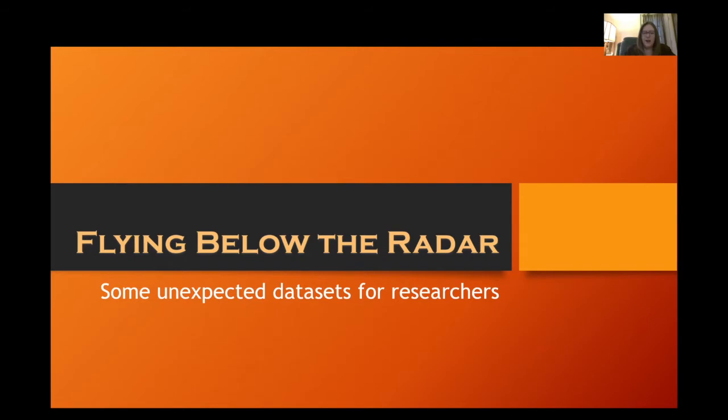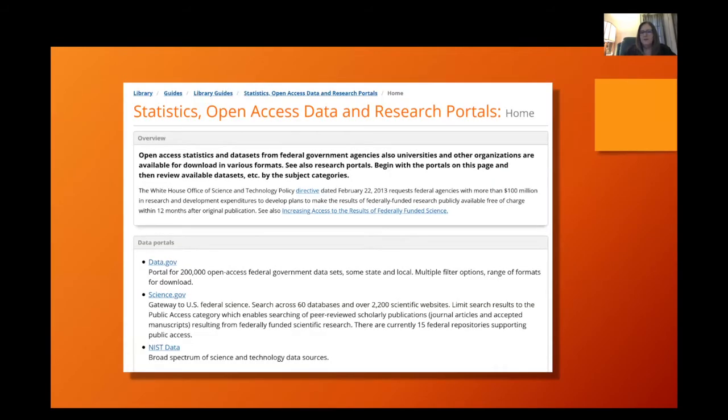But before I go into specific examples, I'd really like to do a quick overview of just what is included in special collections, at least as far as the data sets are concerned. And I think the first one might be the most obvious, government documents.